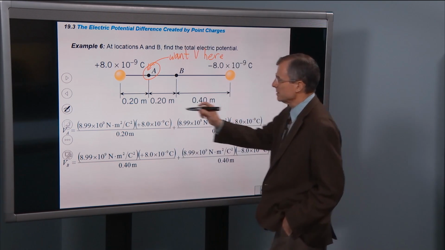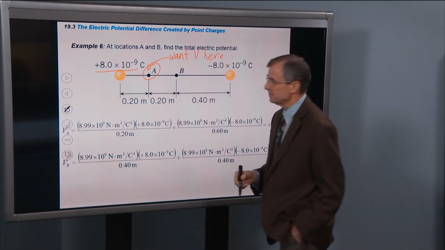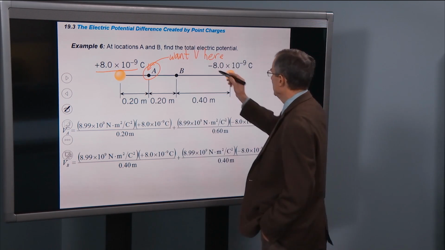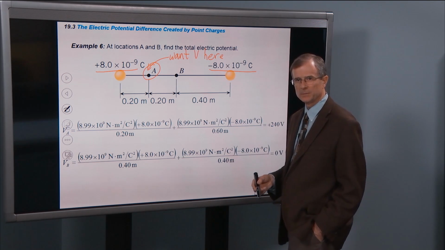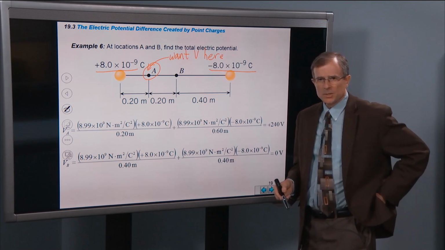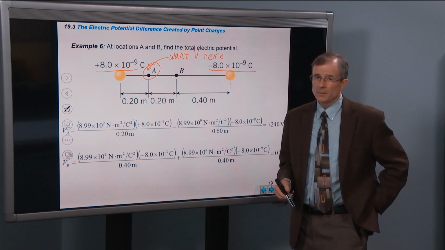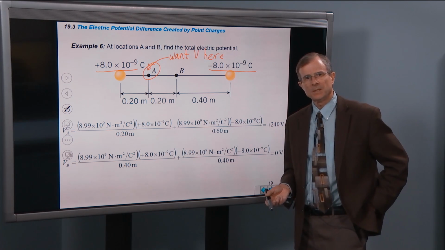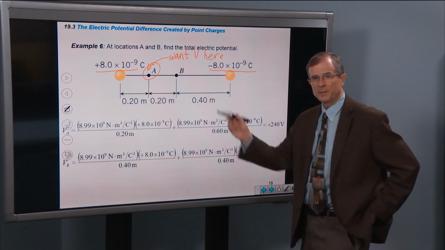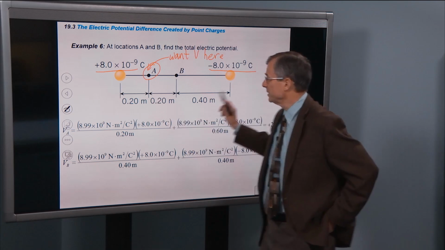I've got two charges, a positive one, 8 times 10 to the minus 9 coulombs, and a negative one, negative 8 times 10 to the minus 9 coulombs. And I might ask you, which one will play the bigger role in determining the electric potential? Will it be this positive one or this negative one?